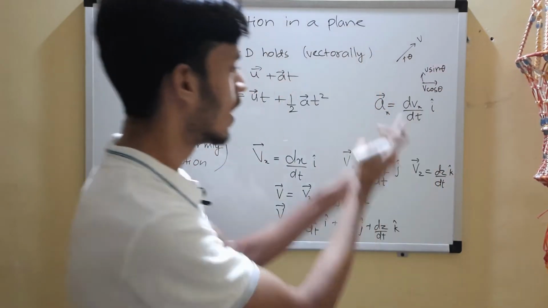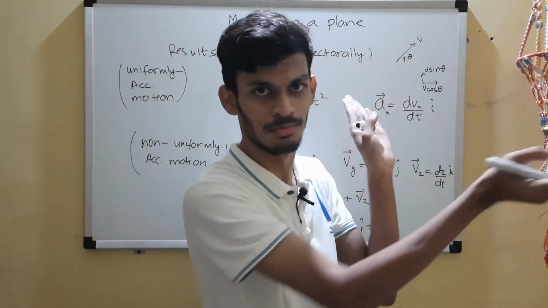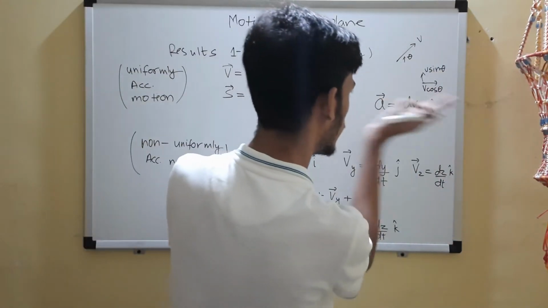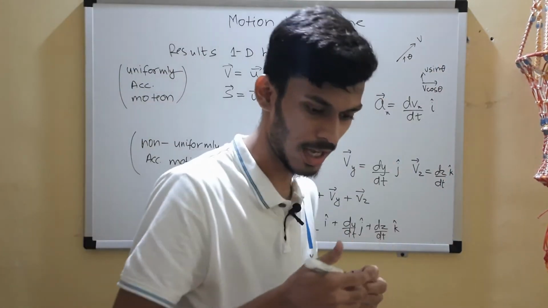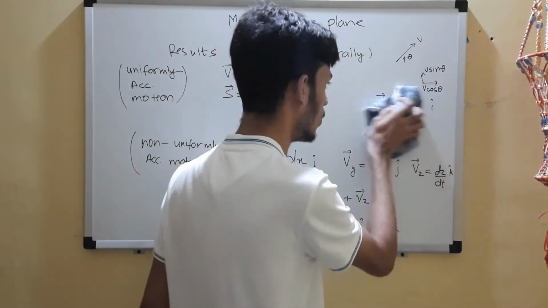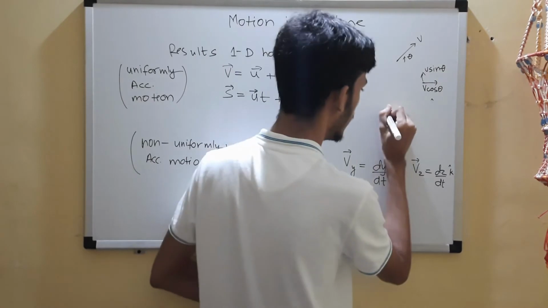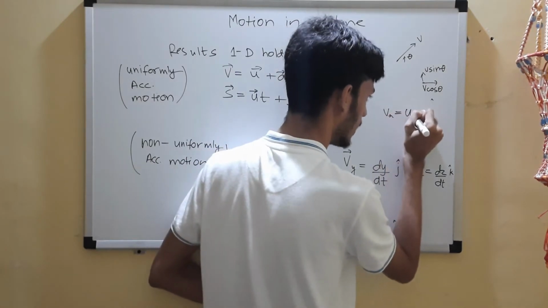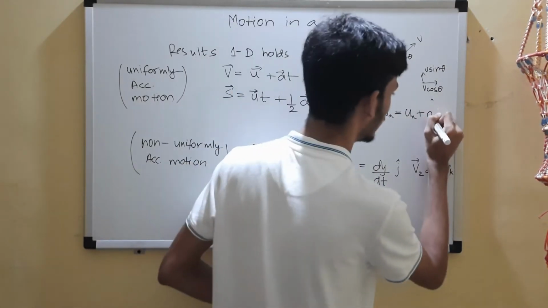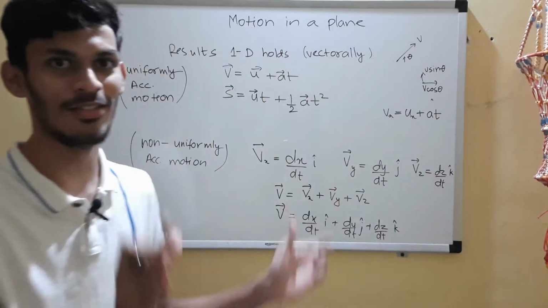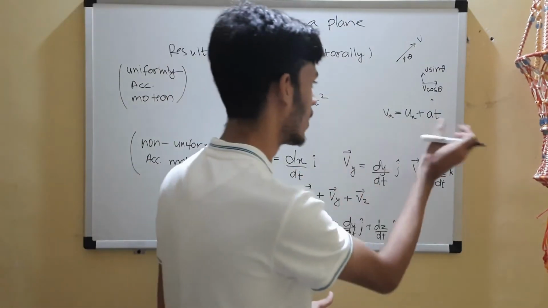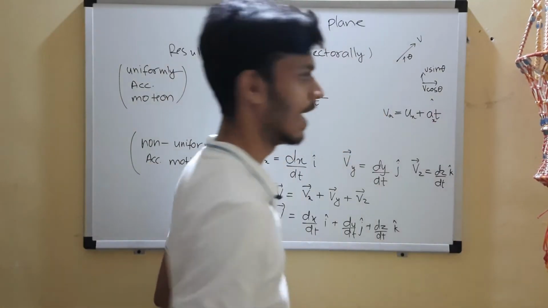Now we can easily apply our 1D logics, right? Along the x-axis, suppose it is uniformly accelerated motion, then you can apply this. Vx is equal to, so along the x-axis I am applying this now. No need to specify the vectors, right? Everything is along the x-axis.